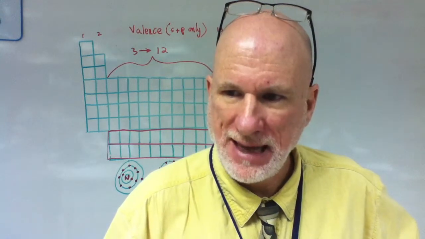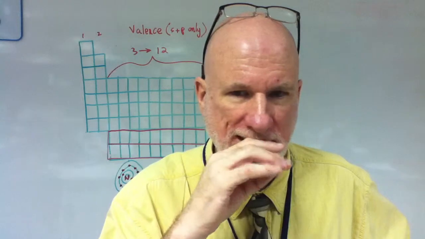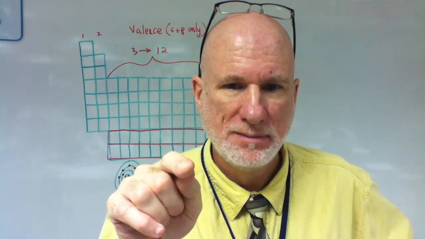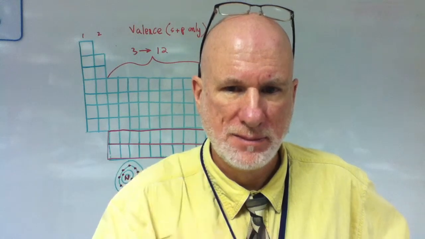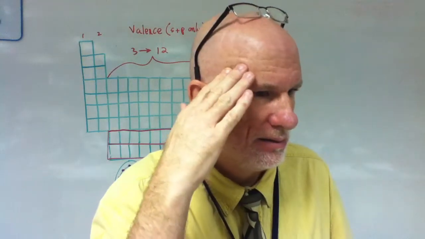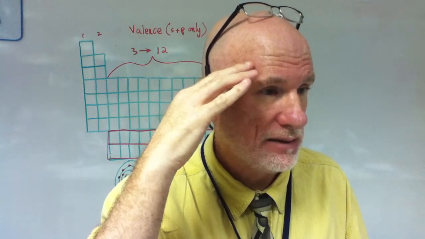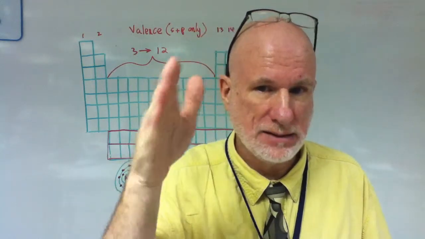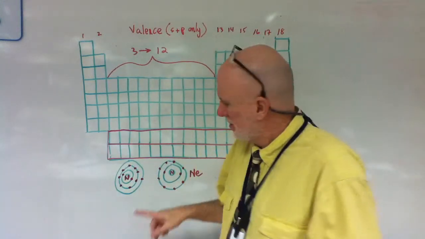Okay? You get that? So far so good? Yes? The outer shell of the elements after they react will have a valence shell just like the nearest noble gas. Is that about right? Yes? Okay. So, what happens is this.